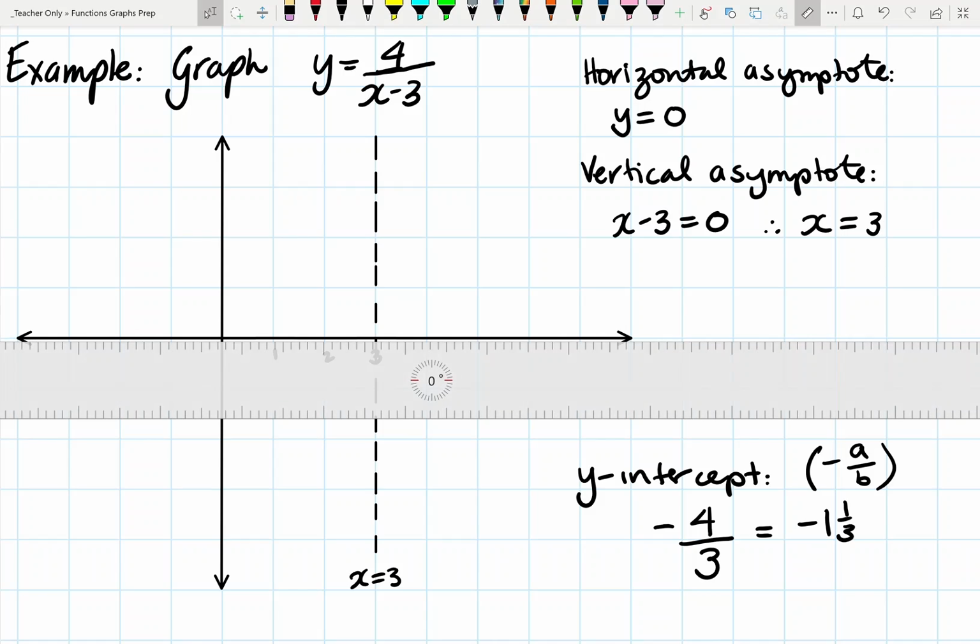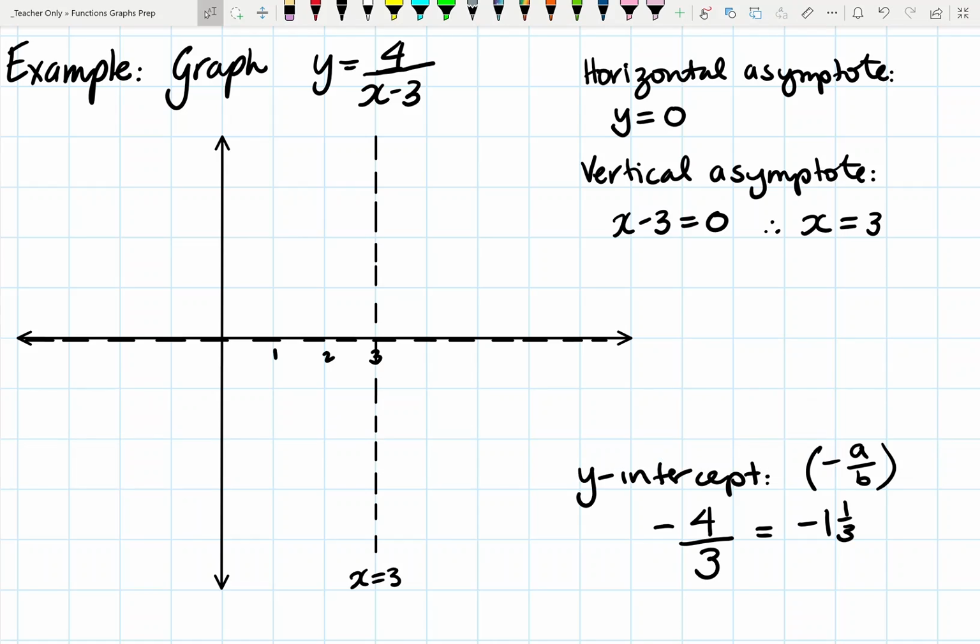If I can get my ruler to line up. And we label that as y equals 0. We mark our y-intercept at negative 1 1/3, which is going to be about here.